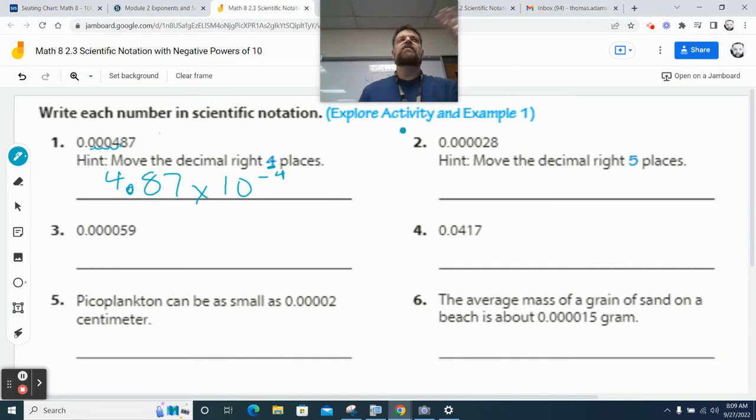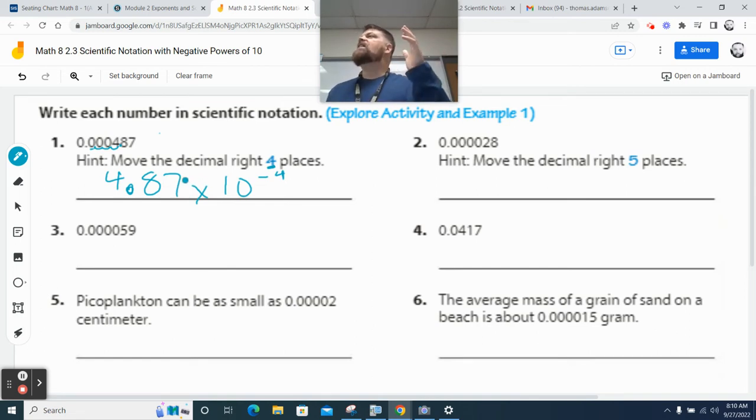Well, don't say move left or right because that's confusing. A decimal is the easier way to remember it. It's true in some cases we move left, in some cases we move right, but historically the kids forget. If I convert from scientific notation to the actual number, I move left or right, but if I start with a number, then I have to move the opposite direction, and kids get confused with the left right stuff.